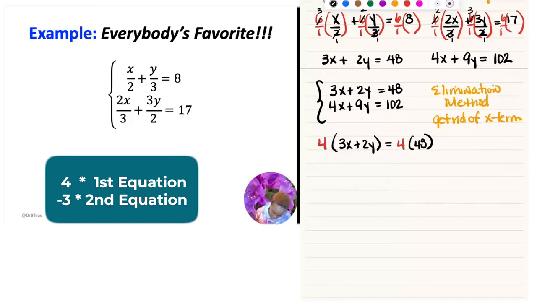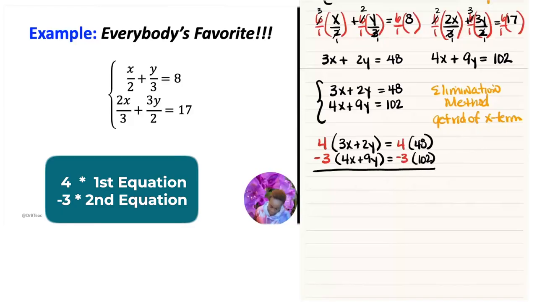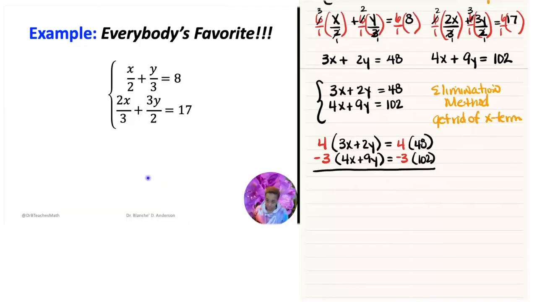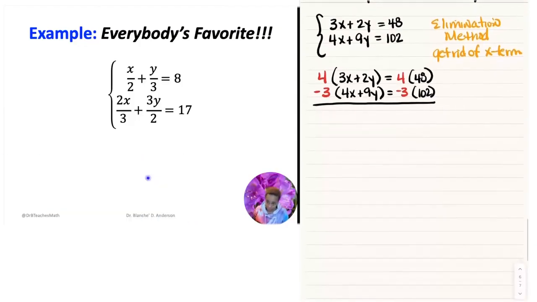And then on the bottom equation, I'm going to multiply it by -3. Yeah. We'll keep the negative on the bottom. Okay. So that's what it's looking like so far. So far, so good. Let me move this up.